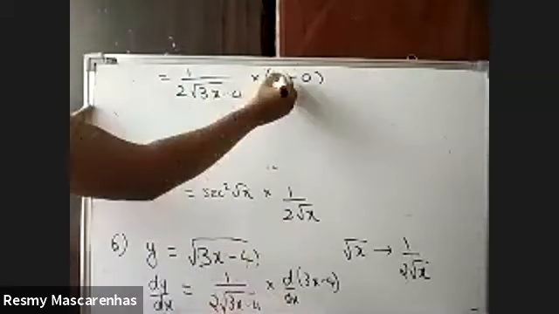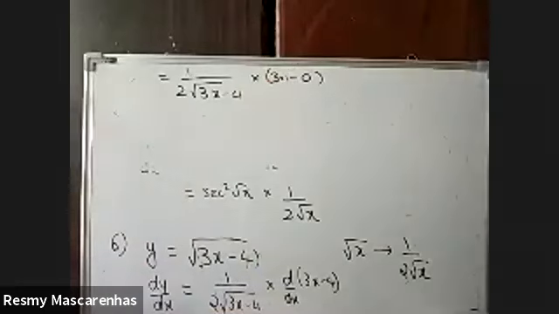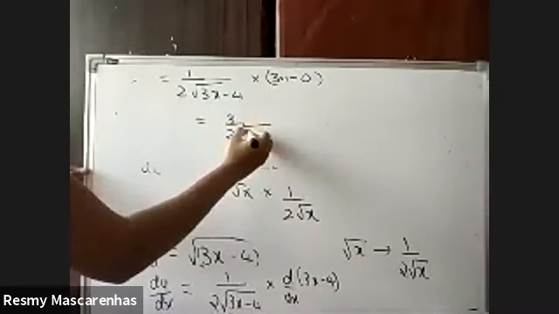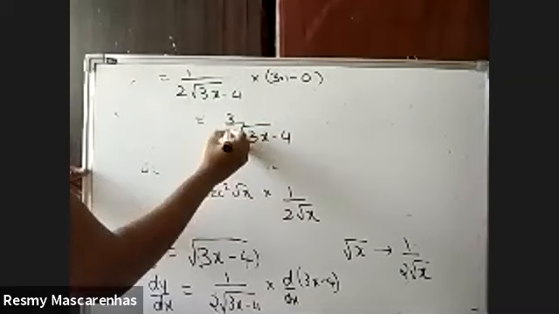So this will be our answer. The derivative of 3x is anyways 3. Okay. So the answer will be 3 by 2 root of 3x minus 4.